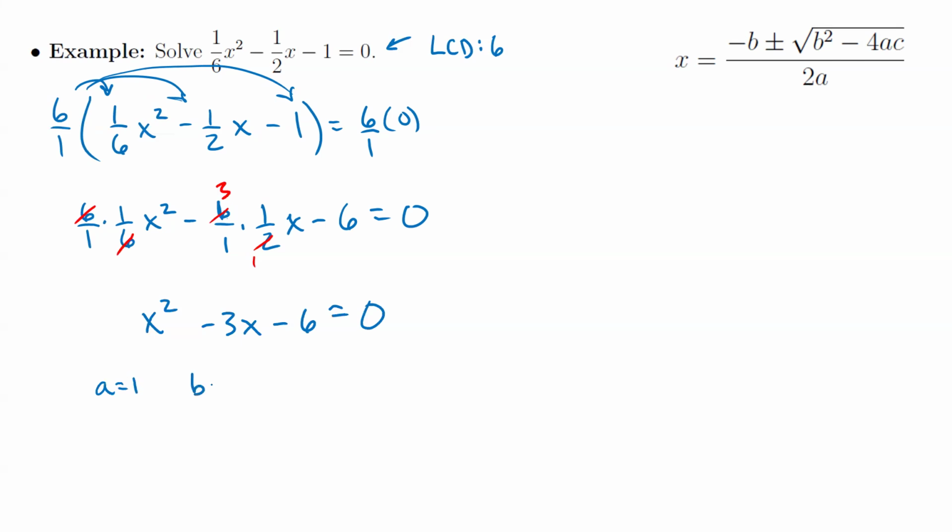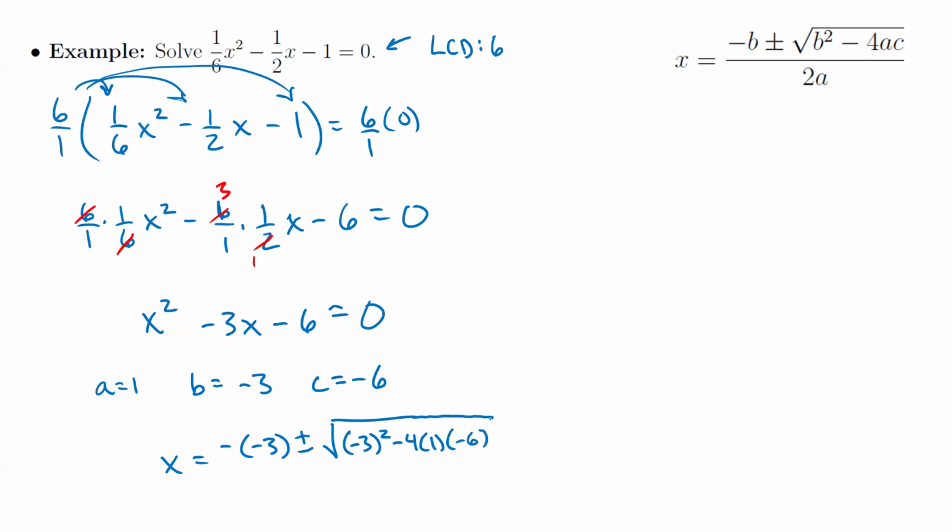So I get A equals 1, B equals negative 3, and C is equal to negative 6. So x is equal to the opposite of negative 3 plus or minus the square root of negative 3 squared minus 4 times A times C, all over 2A.